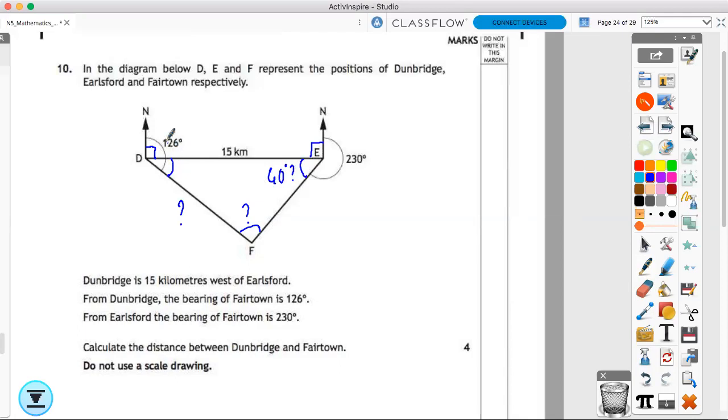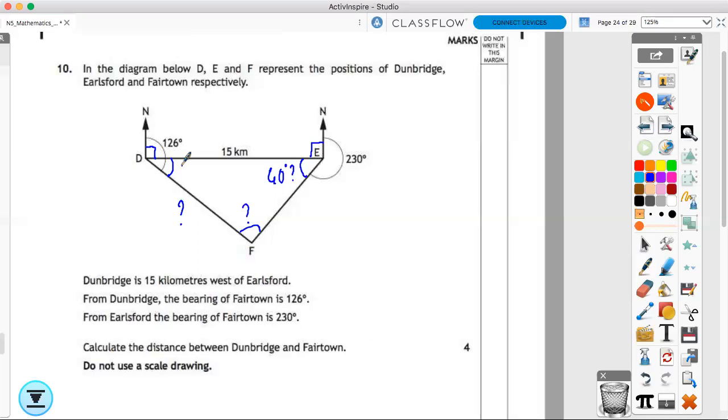This one would be 36. Well, I'd say that's 126 take away 90, because 126 is taking you onto the triangle, so you're only taking away the 90 so that you've got the inner angle. So that gives you 36.